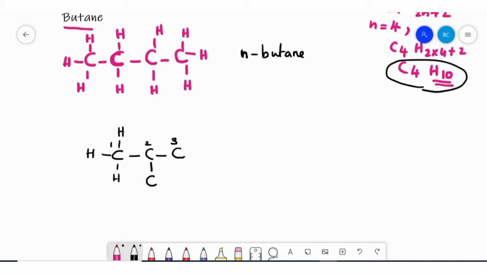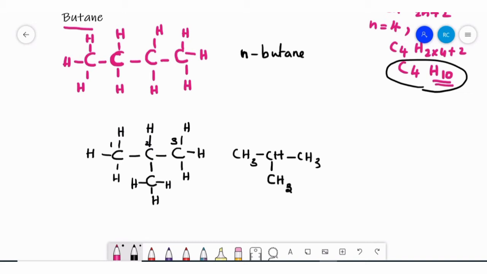The second carbon already has 3 valencies satisfied, so you need to put only one more hydrogen. The third carbon will have 3 hydrogen atoms, and the branched carbon will also have 3 hydrogen atoms. So its condensed formula can be written this way: CH3, CH, CH3, with a CH3 branch on the second carbon. This is the second possibility to write the formula C4H10.